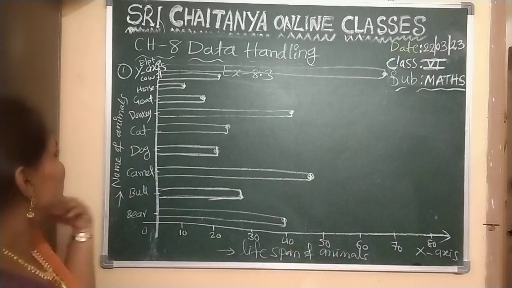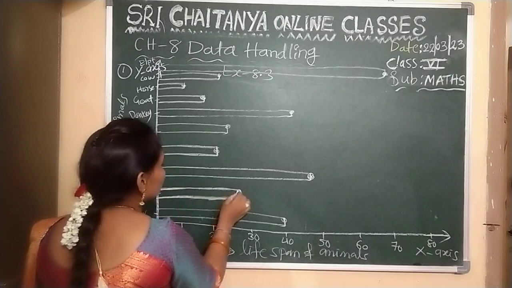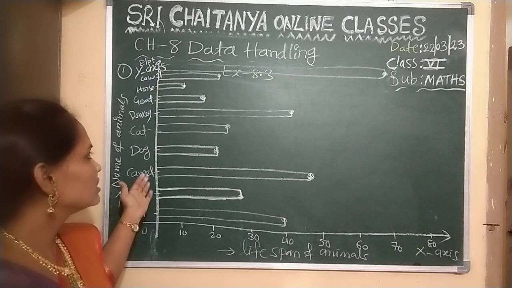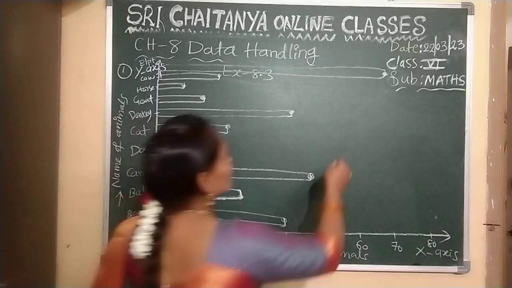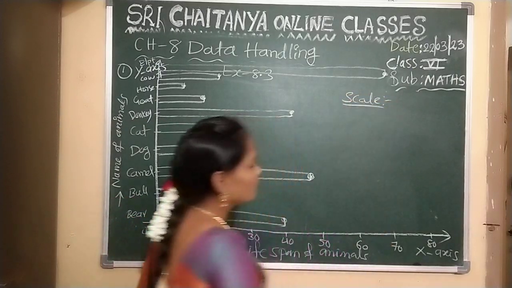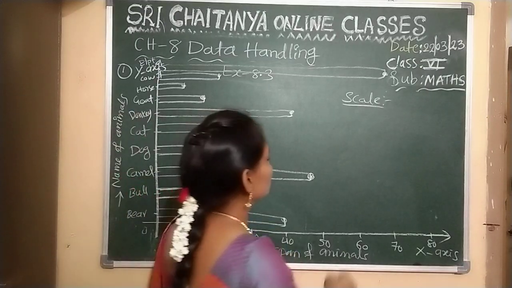Okay. See here, after getting this, we can write the scale. This is a horizontal bar graph. We represented the given data horizontally. Now scale. After representation of the graph, writing the scale is very, very important.